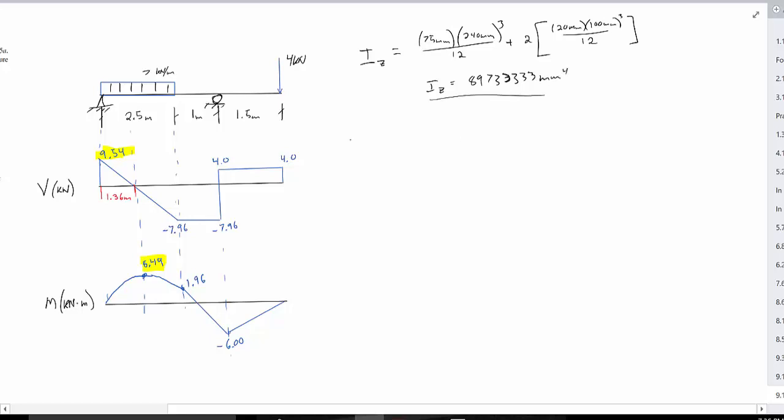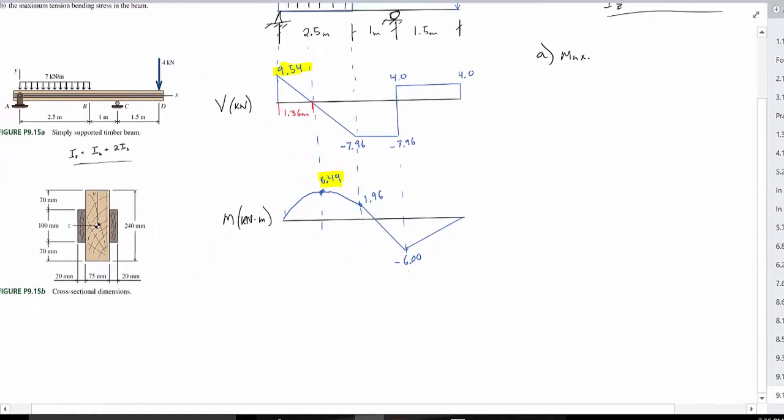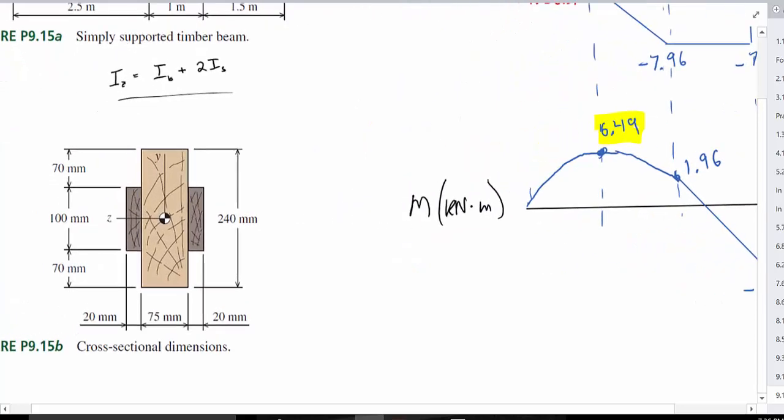Okay? So for part A, our max shear stress is at the neutral axis. Looking at the neutral axis here, this halfway point, we have to sum the areas. What's our Q value going to be? Well, it's going to be the whole area above the neutral axis.